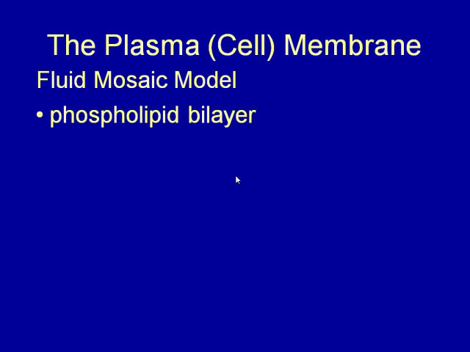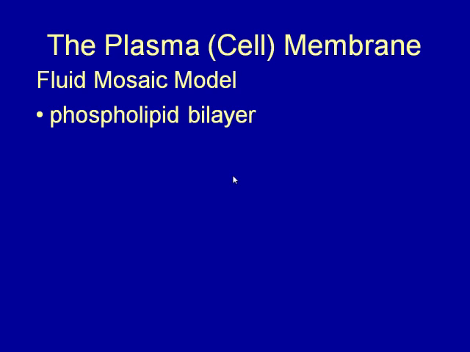The basic structure of the cell membrane is that of a phospholipid bilayer. A phospholipid, you'll remember, is a specialized lipid. It's got a glycerol, 2 fatty acids, and a phosphate group attached to it. And this makes it a rather unique molecule. The phosphate group is water soluble, but the fatty acid tails are not water soluble.